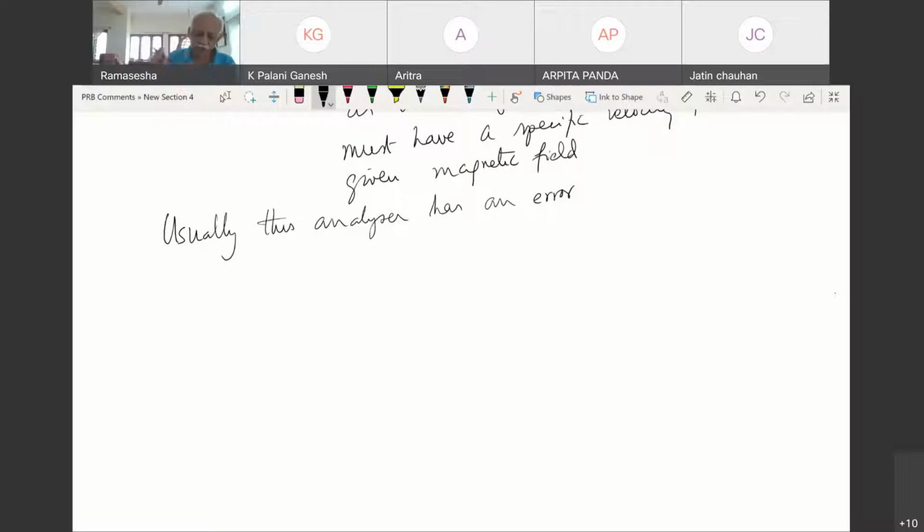So it should not. So usually because of this, there is a finite split for entry and exit.